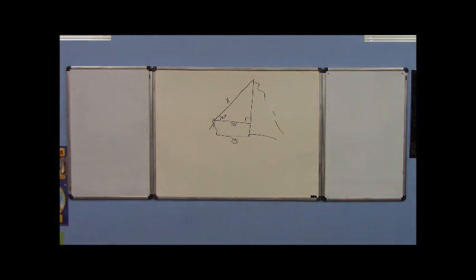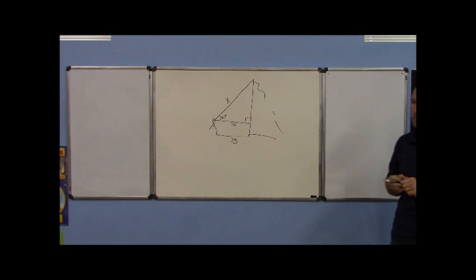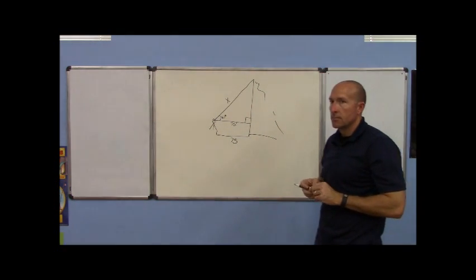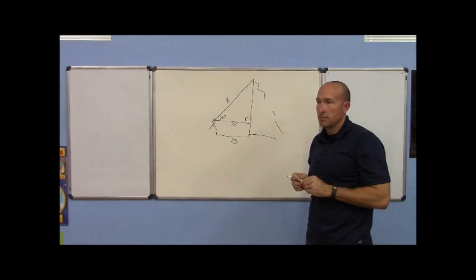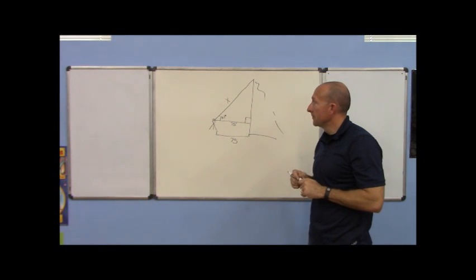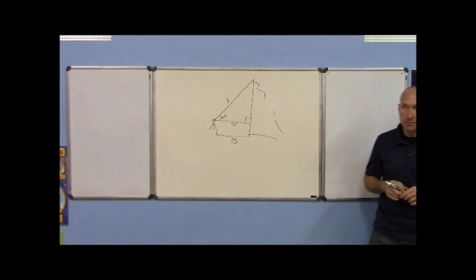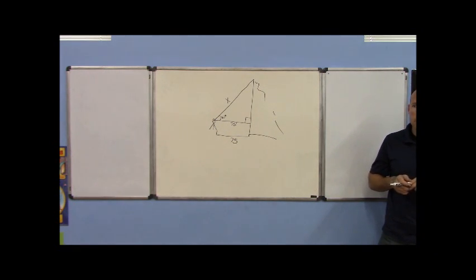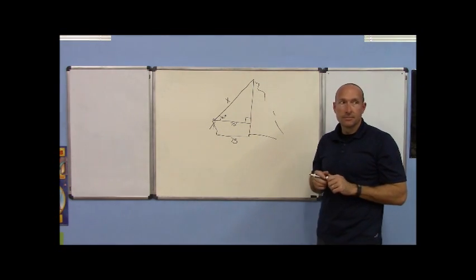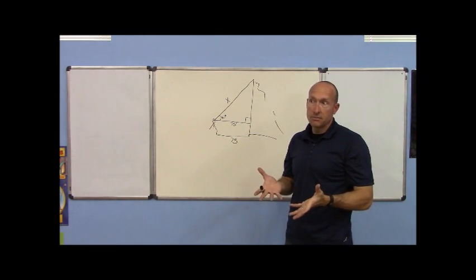Sine, cosine, tangent, and why. Say tangent. You're trying to find that. Using the tangent because we're trying to find the hypotenuse. Does that make sense? No. Well, you're right with tangent.